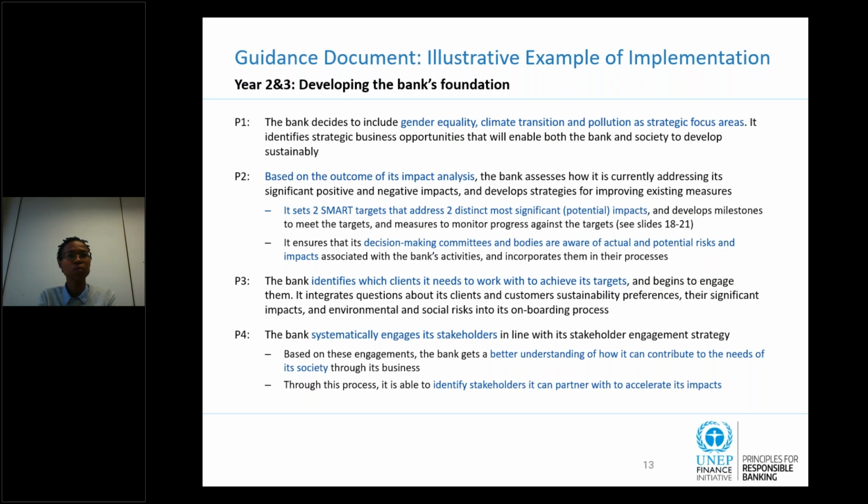So moving on to principle number 3, and building on year 1, the bank then identifies which clients it needs to work with to achieve its targets and begins to engage them. It integrates questions about its clients' and customers' sustainability preferences, their significant impacts, and environmental and social risks into its onboarding process.